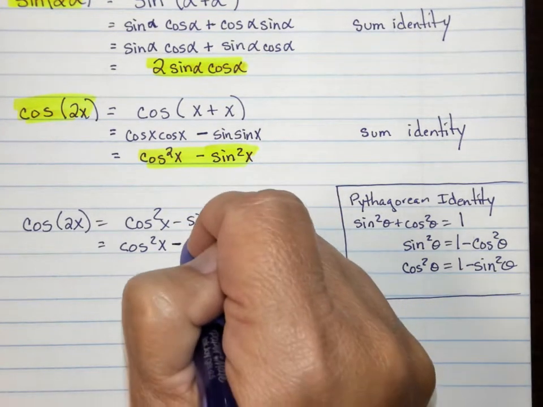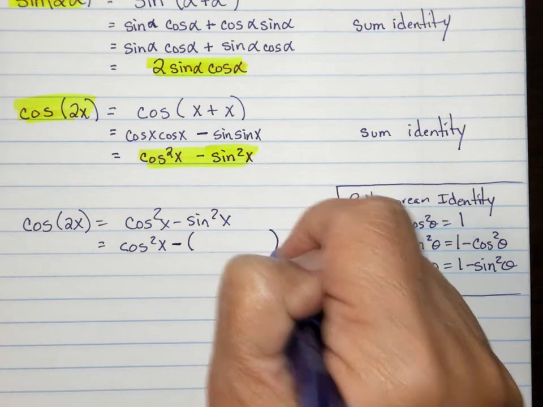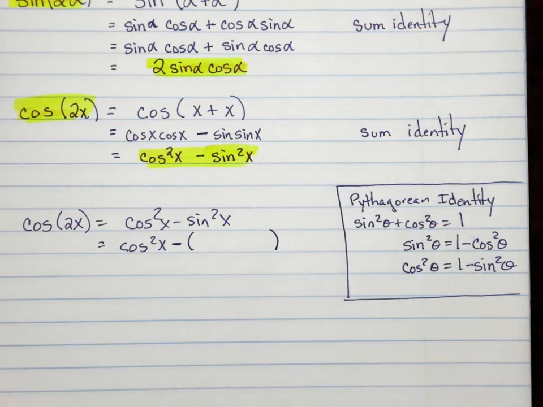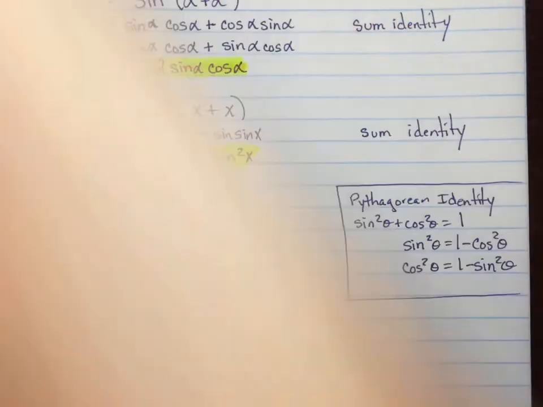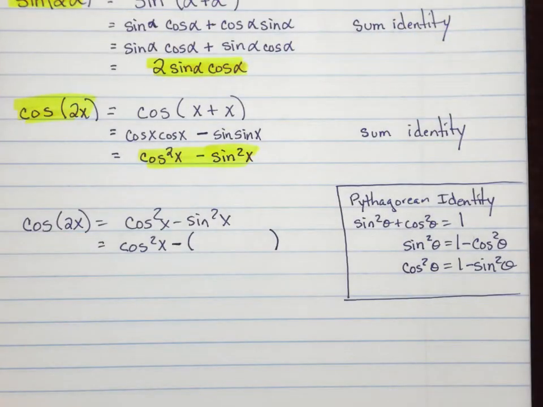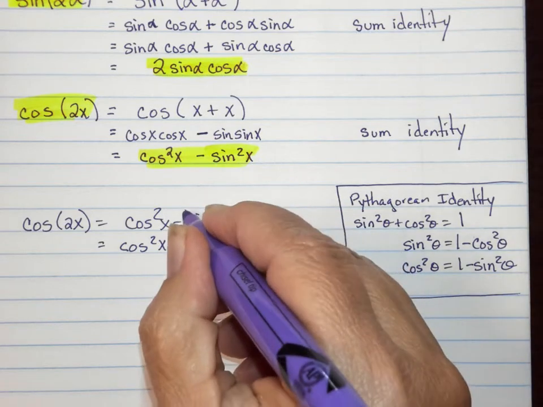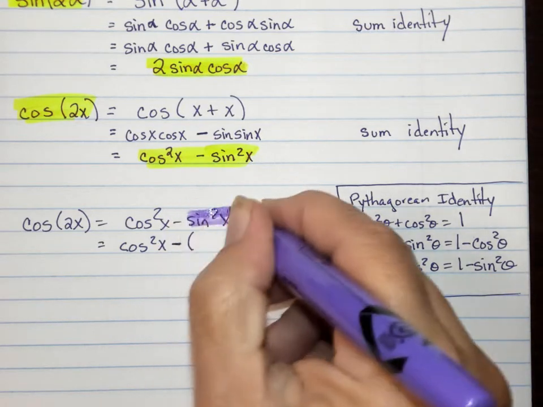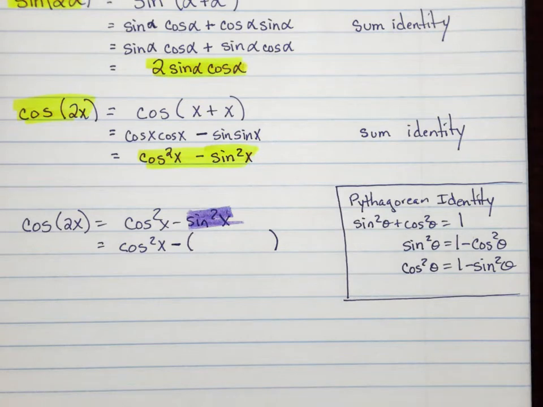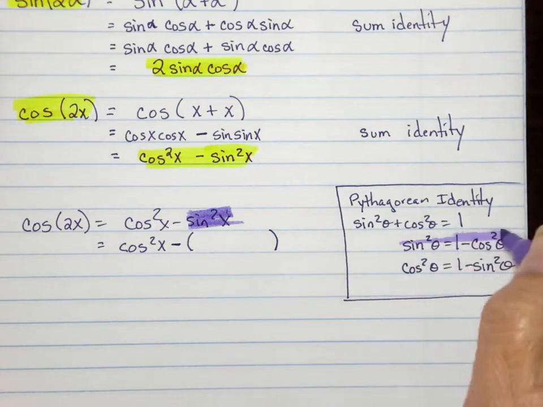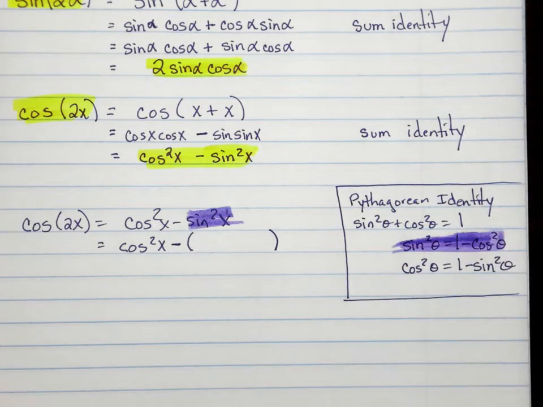So I'm going to minus, and now I need parentheses because I'm subtracting a whole quantity. And so right here what I'm doing, I'll use a different color highlighter. So I'm taking sine squared x, and I'm doing this Pythagorean identity substitution.